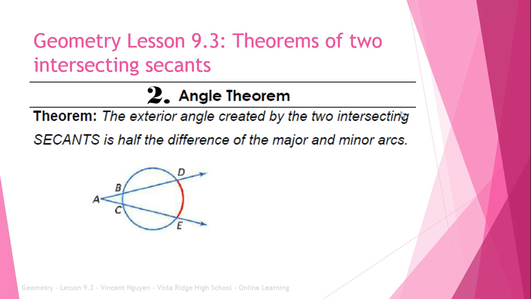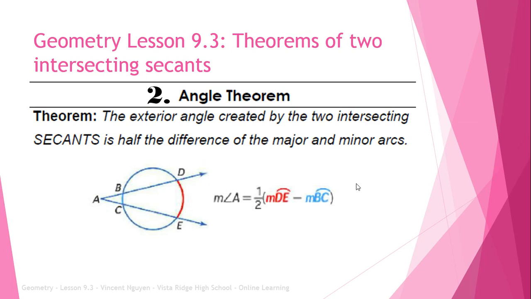So this is the same thing. If you have two secants intersecting, the outside angle is half, which is the average, of the big arc minus the little arc, the difference between the two arcs, and then divided by 2. So it is the exact same relationship. It's a different theorem, but it's the exact same relationship.